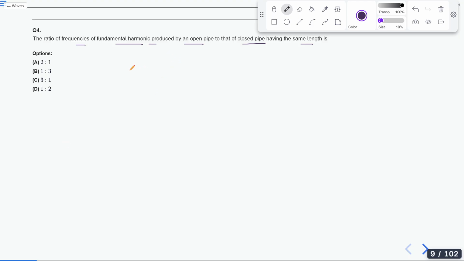In the case of the open organ pipe, the fundamental frequency is V by 2L, and the length is the same in both cases. In the case of the closed organ pipe, it is V by 4L. So what is the ratio? Simple question.